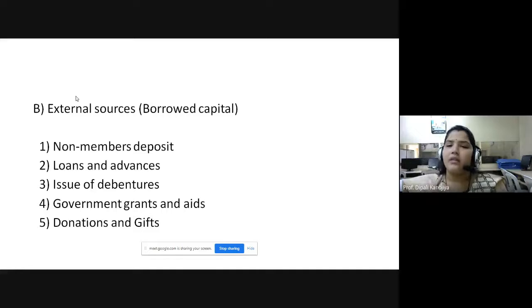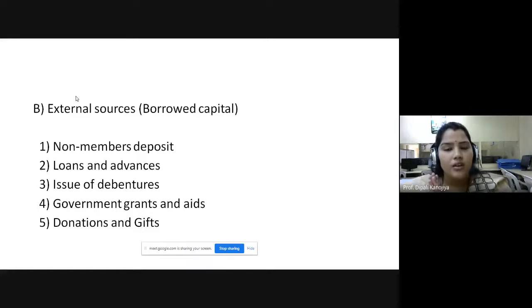Permission from the registrar has to be taken by the society to accept deposits, and that capital is used for further production work. Then we'll switch to the next part, loans and advances.